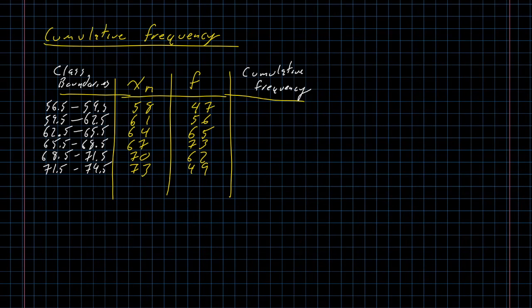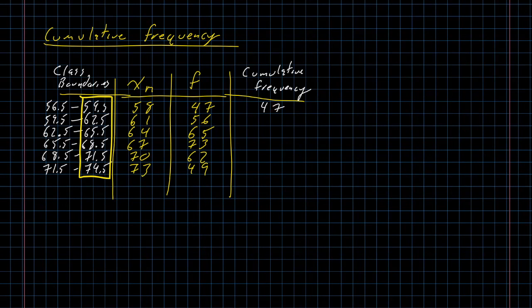In this case, we're going to take the upper bounds of our classes, and the first entry asks how many scores are 59.5 or lower, and there are 47 of them. The next one asks how many scores are 62.5 or lower. Well, all 56 of these between 59.5 and 62.5, and all 47 that we've already talked about, fit into that category.